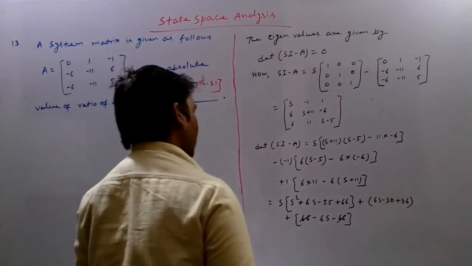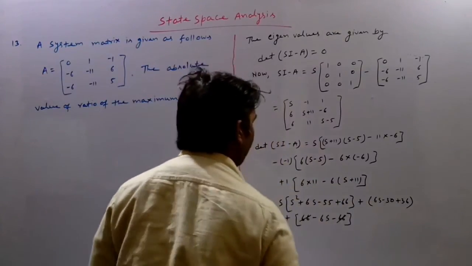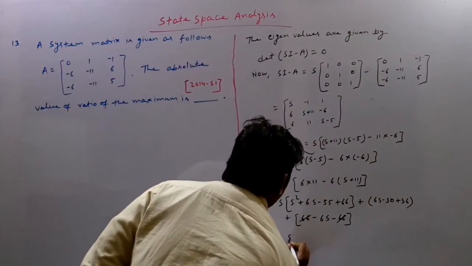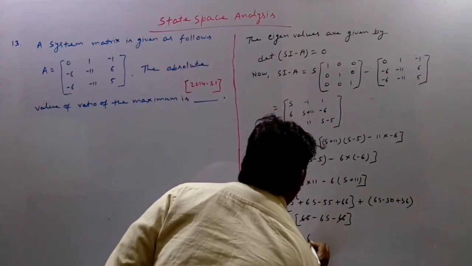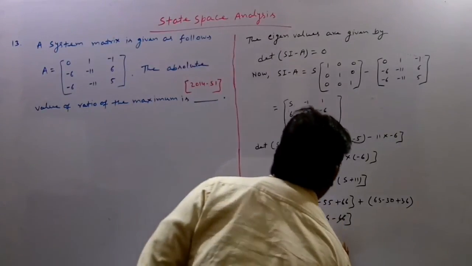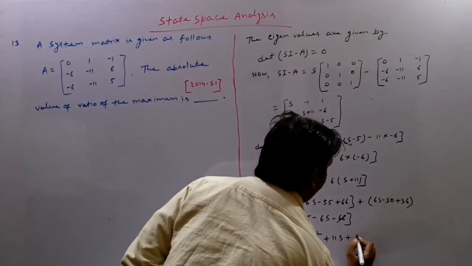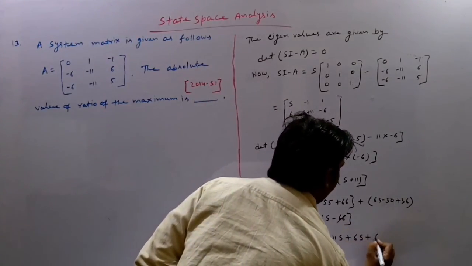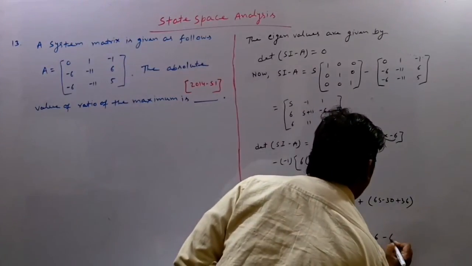Now here we can write this as s cube plus 6s square plus 11s plus 6s plus 6 minus 6s.